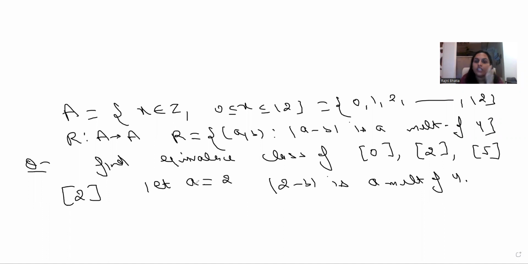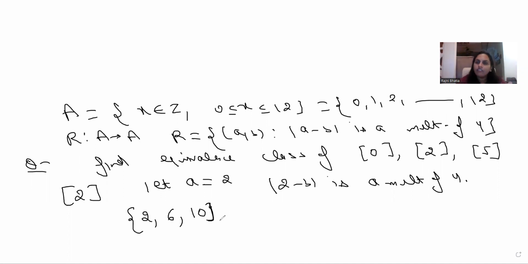Now, what are the values that B can take so that modulus of 2 minus b is a multiple of 4? The first value it can take is 2, because 2 minus 2 gives me 0. The next value is 6, because 2 minus 6 gives me minus 4, which is a multiple of 4. The next value that B can take is 10, because 2 minus 10 gives me minus 8, which is a multiple of 4. After 10, the next would be 14, but 14 is not in A. So I'll close this bracket and say this is the equivalence class of 2. So the equivalence class of 2 is {2, 6, 10}.